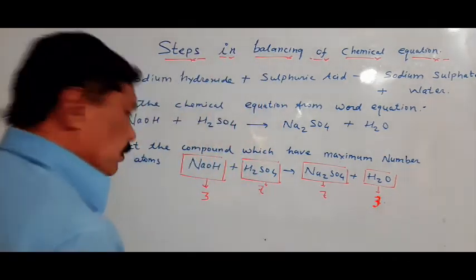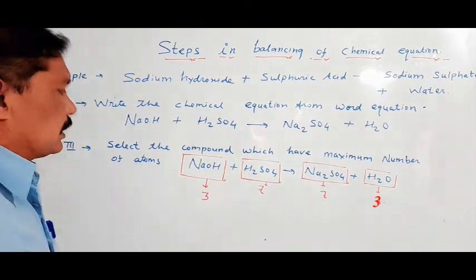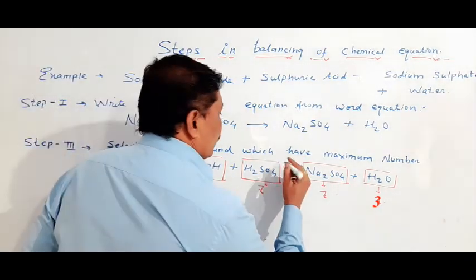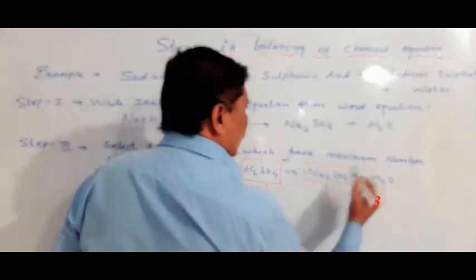So, the compound which have maximum number of atoms are H2SO4 and Na2SO4.